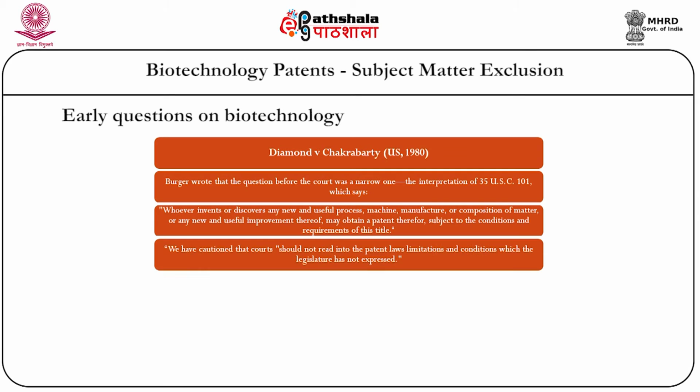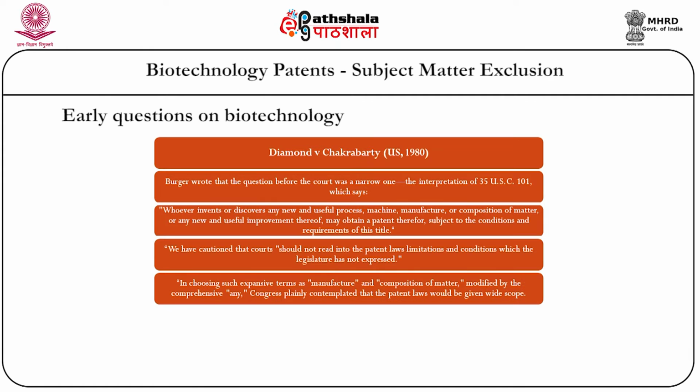The court said, we have been cautioned that we should not read into patent laws limitations and conditions which the legislature has not expressed. In choosing such expansive terms as manufacture and composition of matter, modified by the comprehensive "any," the court said Congress plainly contemplated that patent laws should be given wide scope.